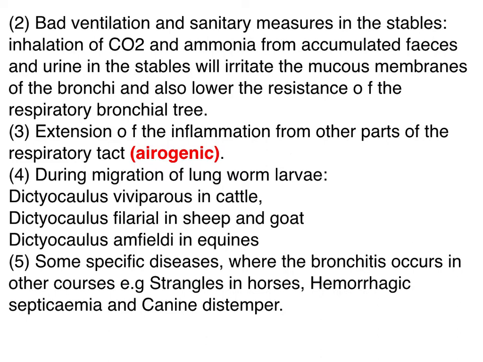During migration of lungworm larvae, اللي أسمائها Dictyocaulus viviparus in cattle, Dictyocaulus filaria in sheep and goats, Dictyocaulus arnfieldi in equines. Some specific diseases where bronchitis occurs in their course: strangles in horses, hemorrhagic septicemia, and canine distemper.